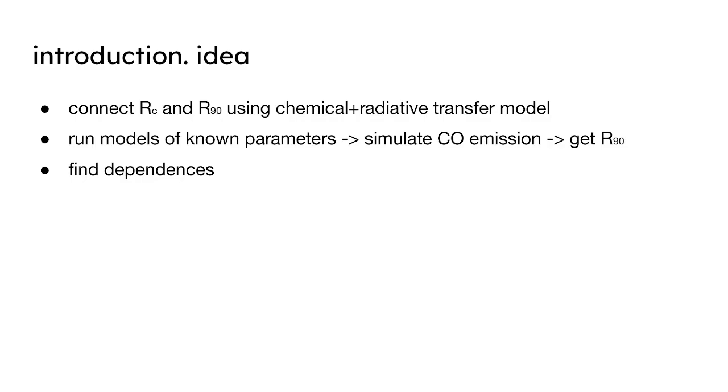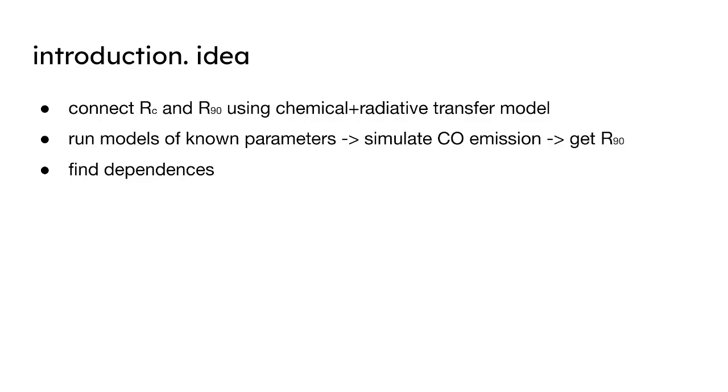How? Basically, they take a chemical model that can determine CO abundance according to the inputs that are given, and then they can simulate the observations of a certain CO line, and from these simulated observations they can get an R90.